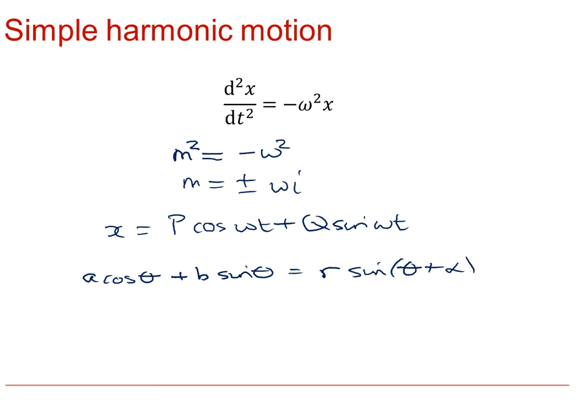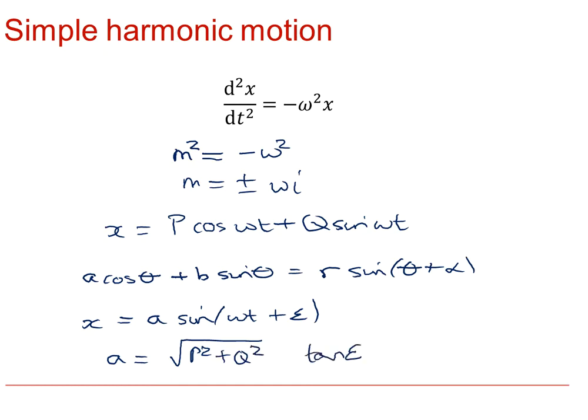Therefore, we can write that general solution in the form that x equals a sin(omega t plus epsilon), where a is the square root of p squared plus q squared, and tan epsilon equals q over p.